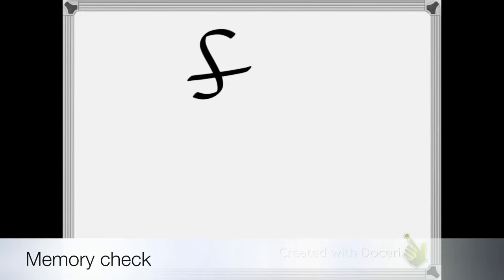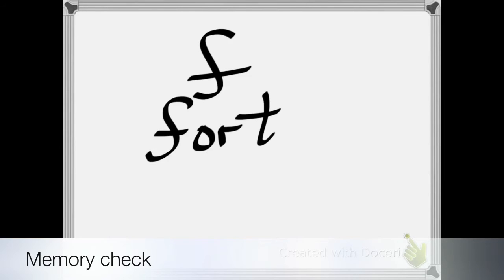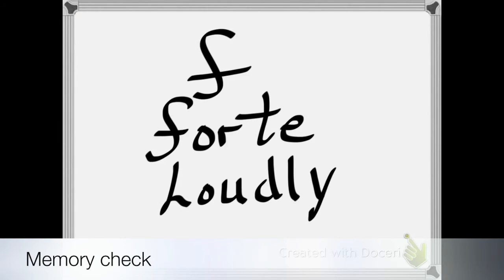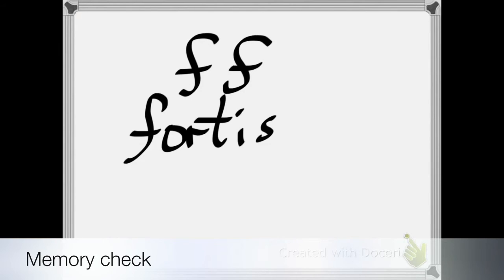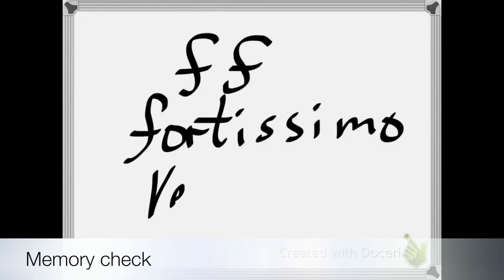If you see F underneath your music, what does that mean? Good. It stands for forte, which means to play how? That's right, to play loudly. Okay, what about when you see the two F's? What does it mean? We got it. That stands for fortissimo, and fortissimo means to play very loudly. Good.